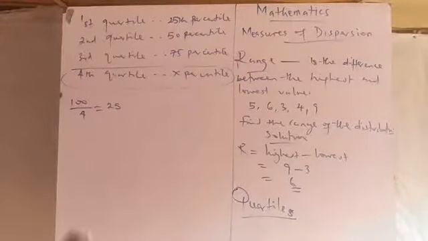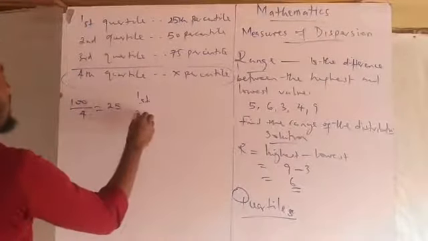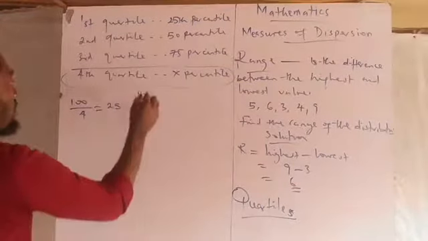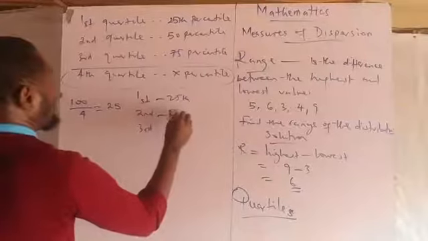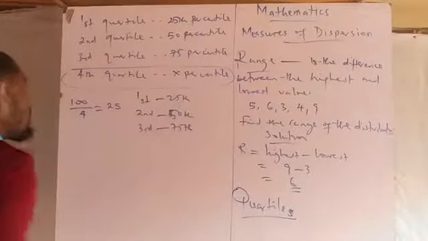So we are dealing with these 3 right now. We have the first, second, and third quartiles, which give us the 25th, 50th, and 75th percentile.